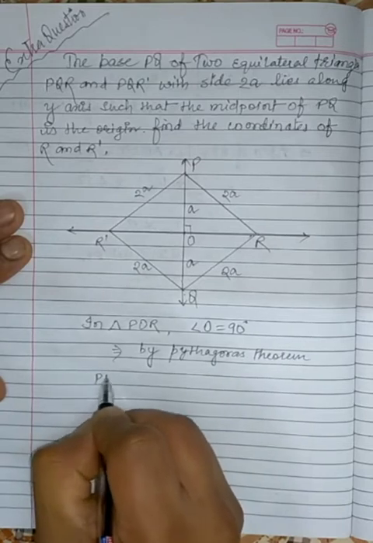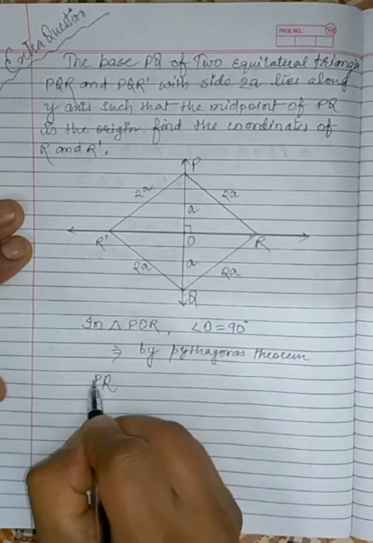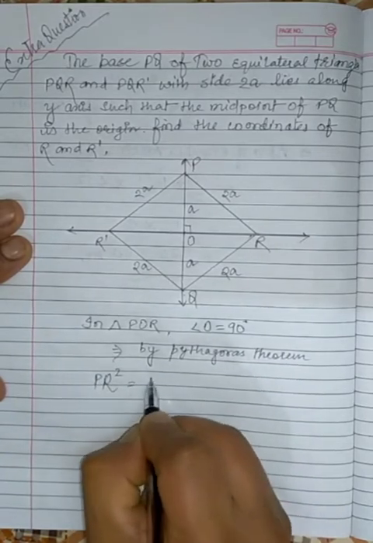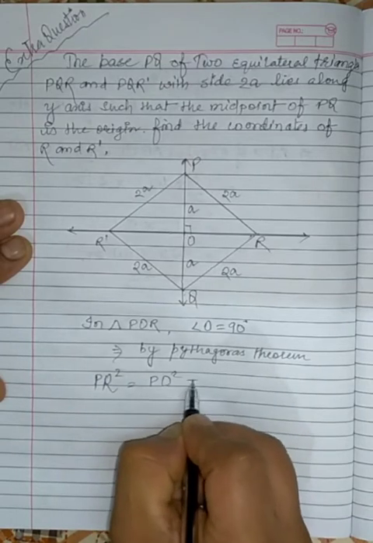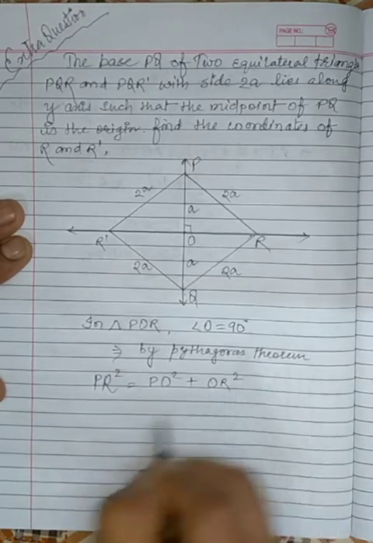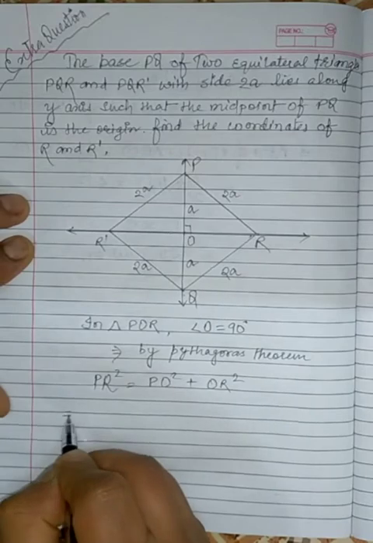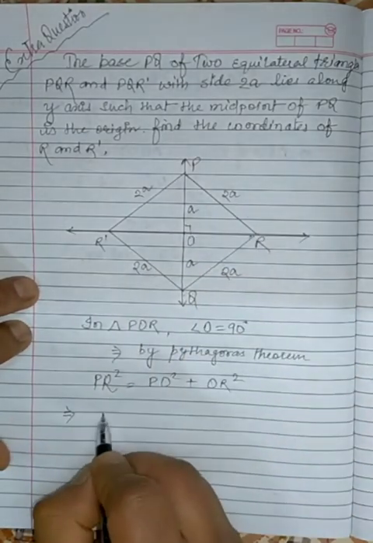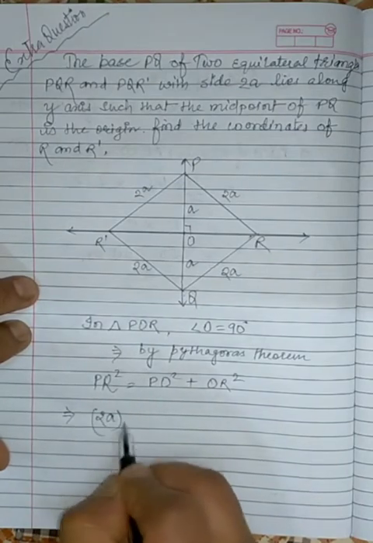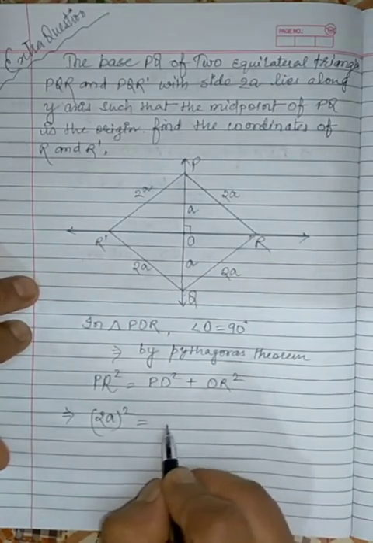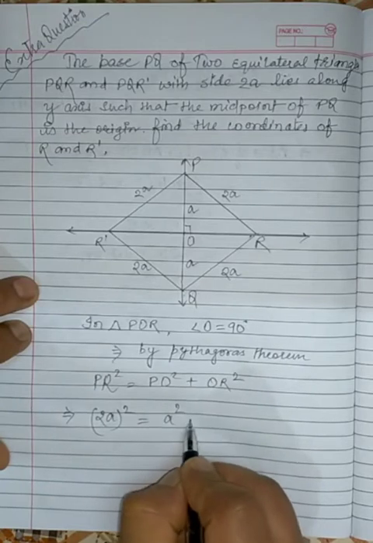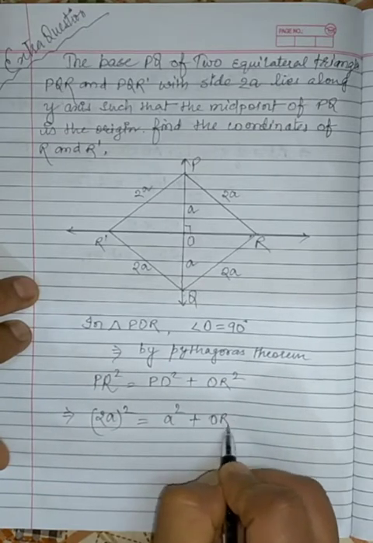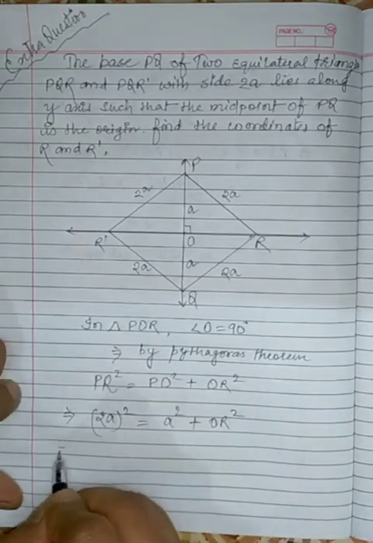It says that hypotenuse square is equal to perpendicular square plus base square. So we have the hypotenuse 2A whole square is equal to PO, which is A, plus OR we have to find out.